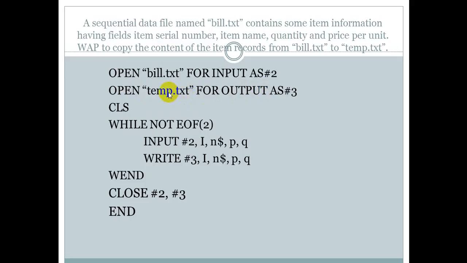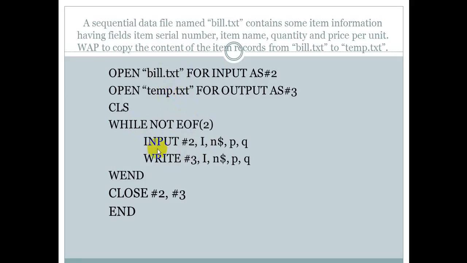So bill.txt should be in input mode, we have to read the content, and we have to write in temp.txt, which should be output mode. And while not EOF, we should read all the content from bill.txt. We should read the content from bill, that's why input #2, and store in #3, that means the temporary file temp.txt.